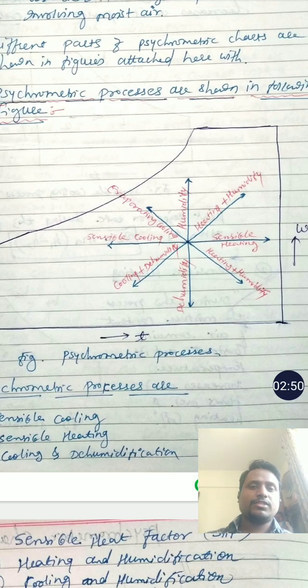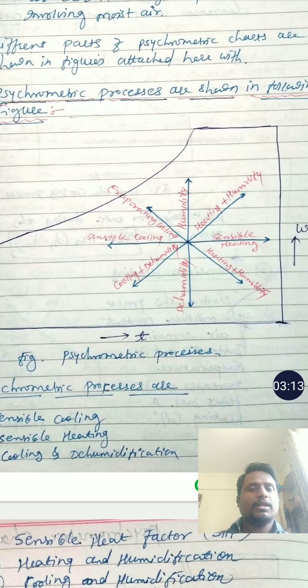Now, in the first quadrant, there is a process called heating and humidification. What will happen in heating and humidification?